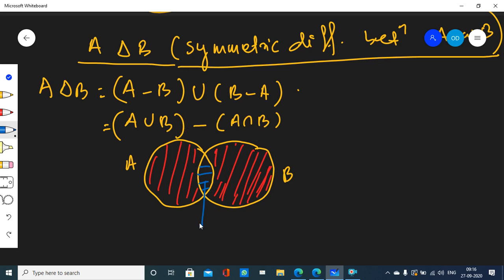You see, this region is called what? A intersection B. This entire region is called what? A union B. Think about it. If you take out this A intersection B portion from A union B, then what are you left with? You are left with this red region, right? Which is A delta B. Correct or not?